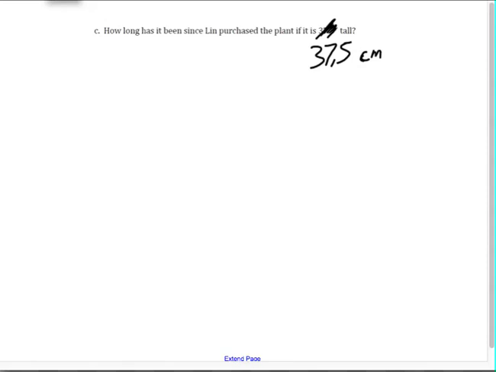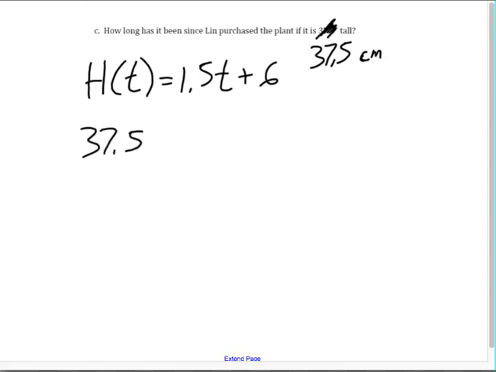Now, I'm going to write my equation again. H of t is equal to 1.5t plus 6, because I'm working with the same thing again. I'm given 37.5. Now I'm given a value of the height, clearly. Although I can look up to B and say, okay, I'm already given a value of the time, so I know in this one I'm given the height, and I need to solve for the other one.